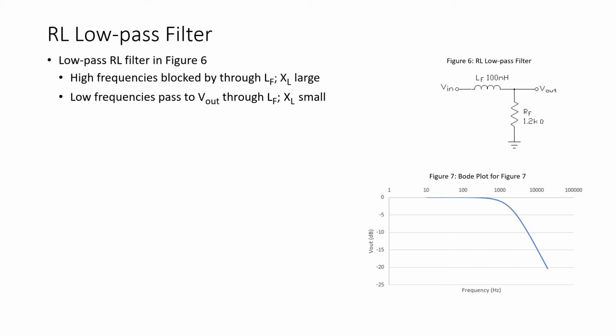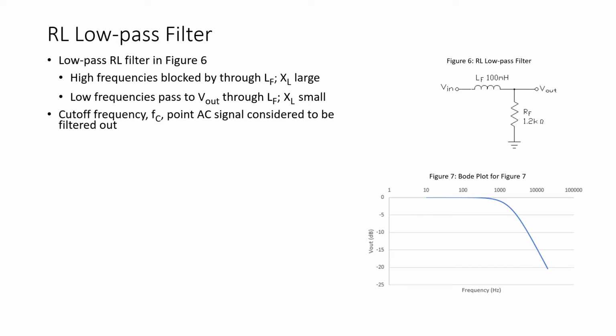So high frequency AC energy is blocked from getting to V out by the high impedance of the inductor. And at low frequencies, X sub L is very small, so there's a low impedance path between V in and V out. So at low frequencies, the output is maximum.